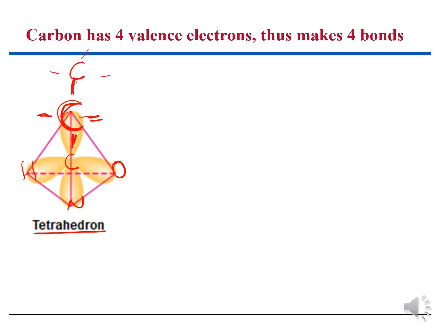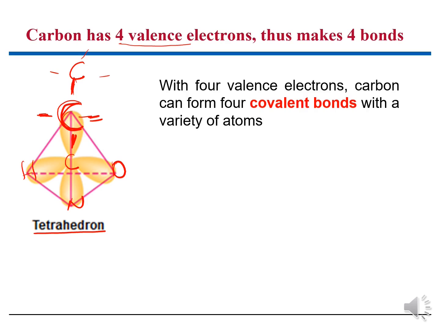So every time that you have a carbon, you have the chance of creating four covalent bonds, and this creates a huge diversity of molecules. Sorry for being so repetitive, but this is the key of carbon molecules. The first thing that you need to remember is that they have four valence electrons.